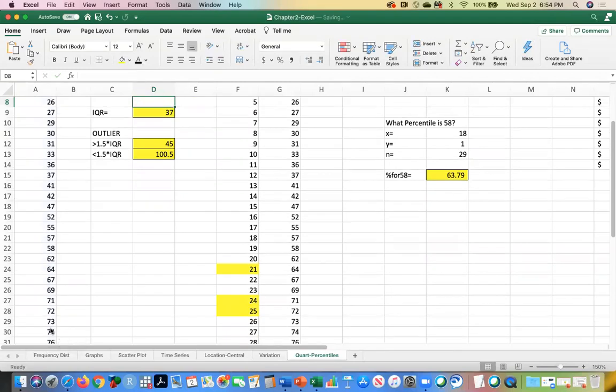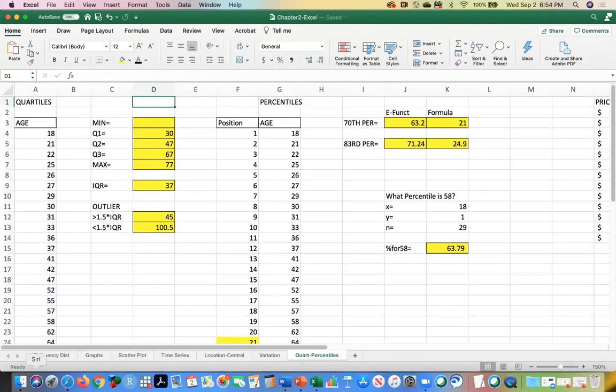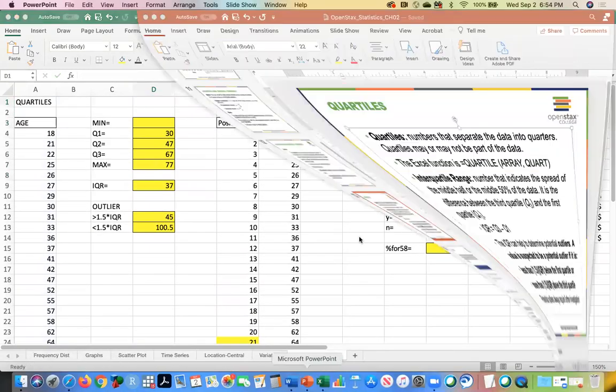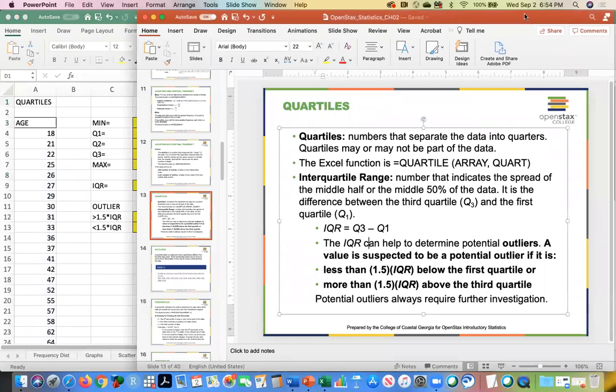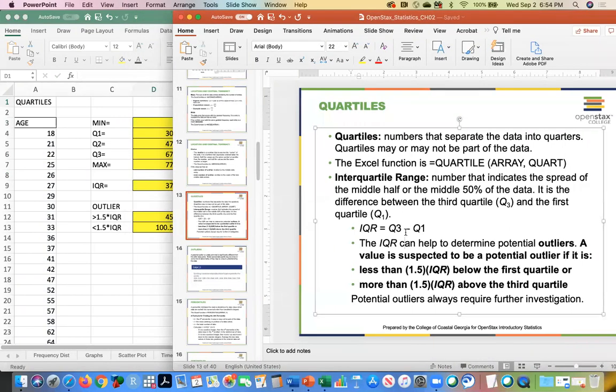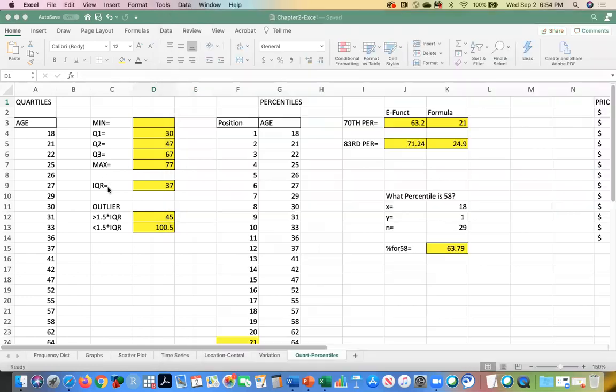So we have all the values, right? So we stated that the interquartile range is going to be the difference between Q3 and Q1. So here I have the difference between Q3 and Q1. So it is 37, right?